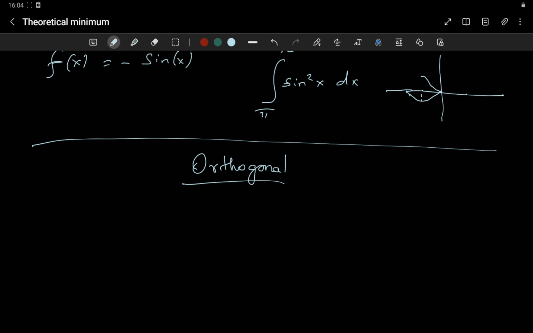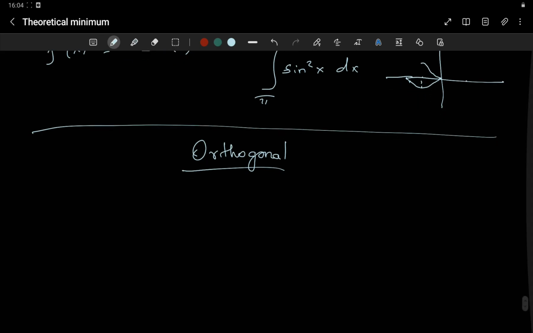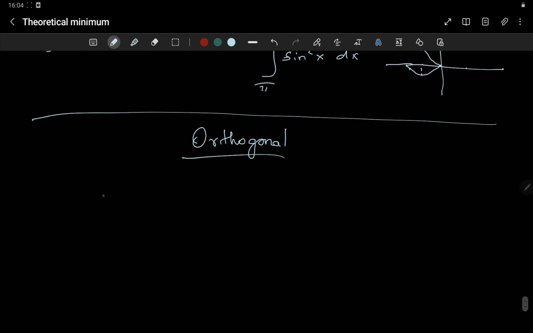Okay, so now let's say between -1 to 1, that's the interval. I want you to check whether the function f of x is equal to just the constant 1, and g of x is equal to x.